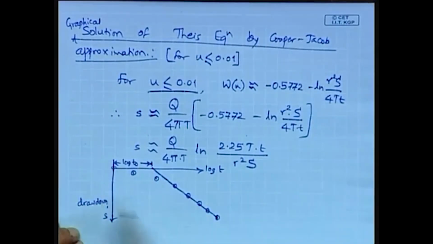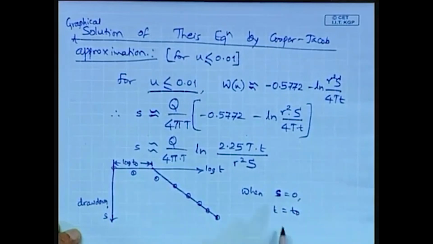So, in this case, when the unsteady drawdown S is equal to 0, then t is equal to t 0.